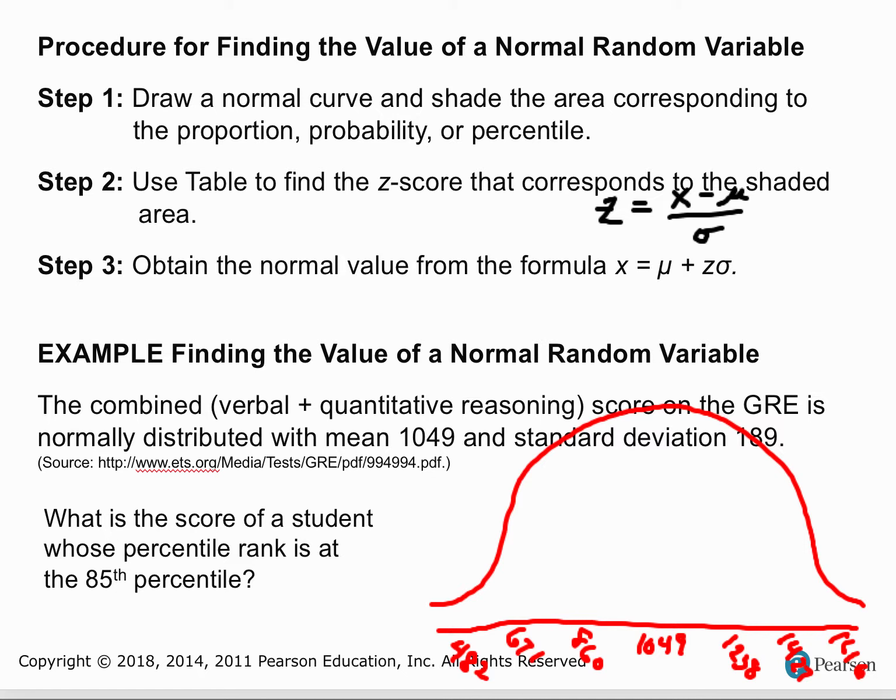Okay. Now, we want the 85th percentile. I'm also going to put 0, 1, 2, 3, -1, -2, -3. And then I'm going to go to my chart, and I'm going to look for 0.85 on my chart.